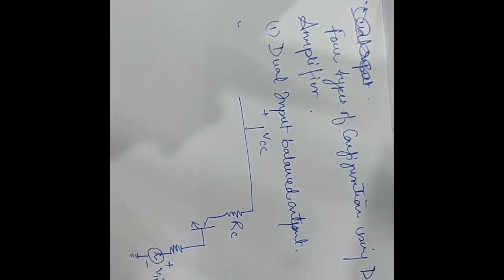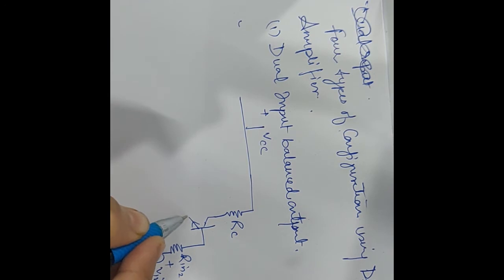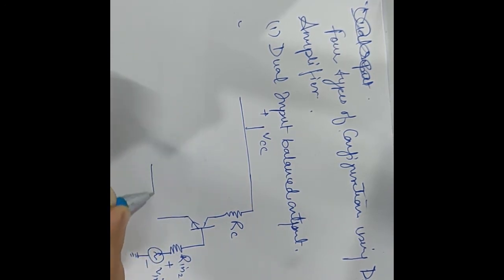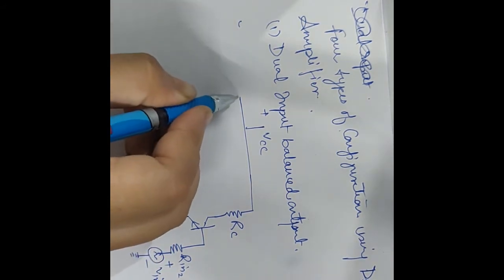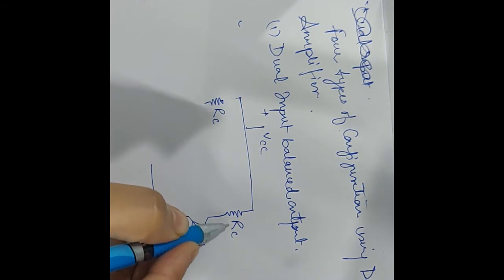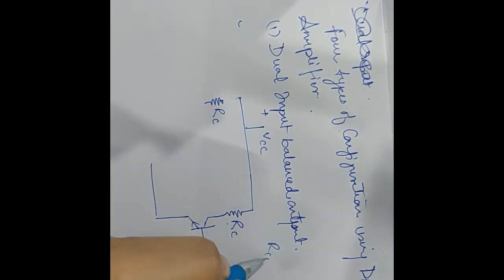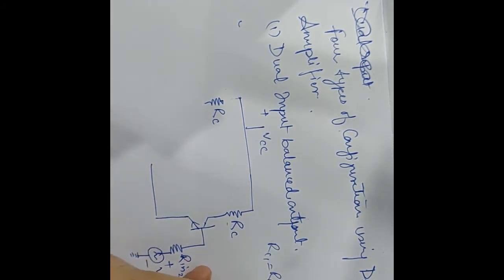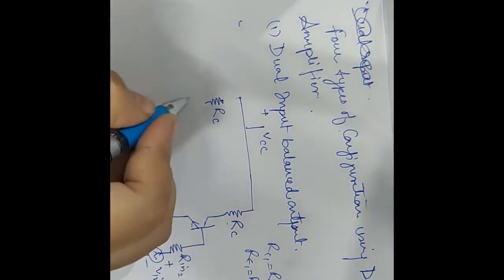This is the input voltage we are applying, Vin, and the internal resistance of the supply is Rin. This is the common emitter. Similarly, here we have RC. We are putting RC1 equal to RC2, and this equals RC, and RE1 equals RE2 equals RE, right?